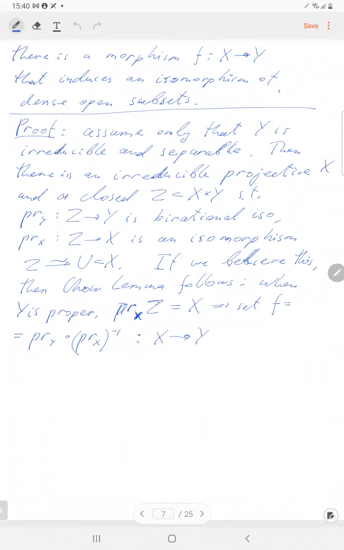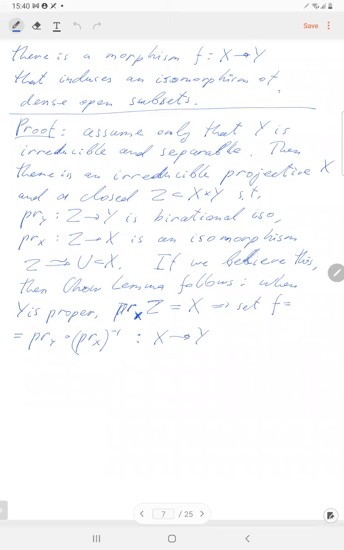I have a question: why can't we just take this composition without y being proper? It's just a composition of two birational things, projection to x inverse and to y. Yeah, but we need f to be an actual regular morphism. It is an isomorphism between some open subsets, but it should be well defined everywhere.